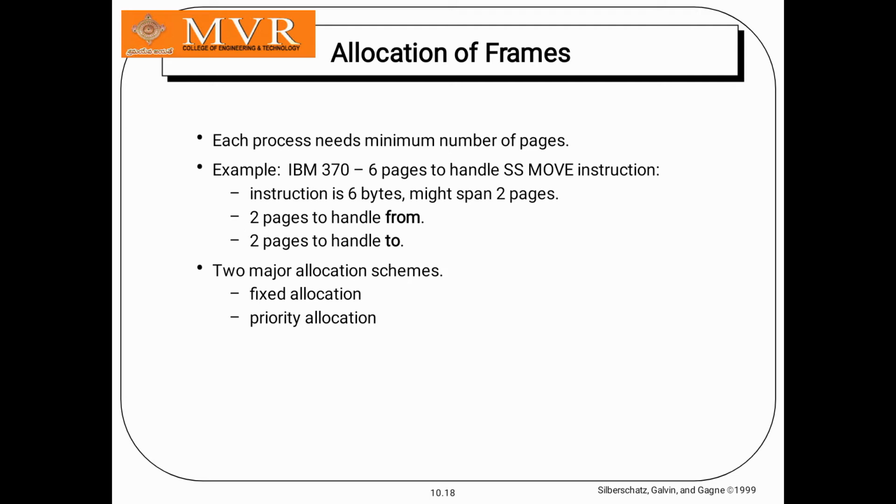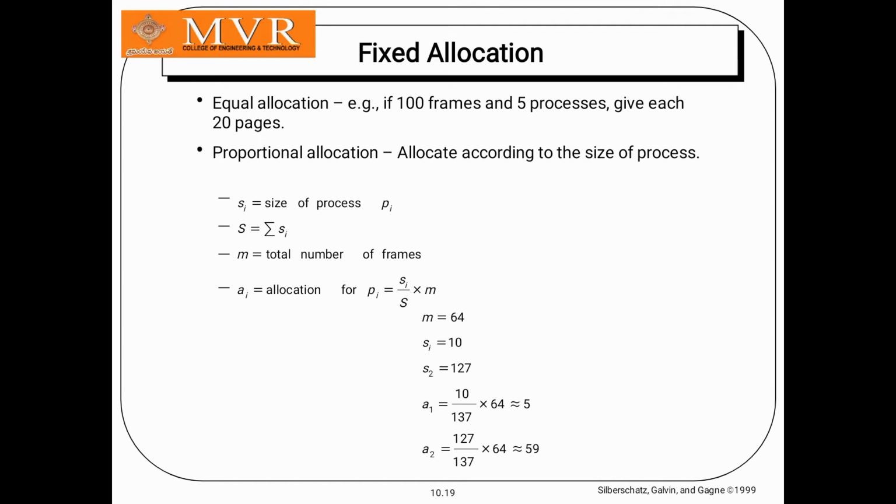So frame allocation mostly depends on two major allocation schemes: fixed allocation and priority allocation. Fixed allocation means, as the name itself says, the size is fixed, and priority allocation means that based on what the user needs, allocation is prioritized. Here we explain fixed allocation.